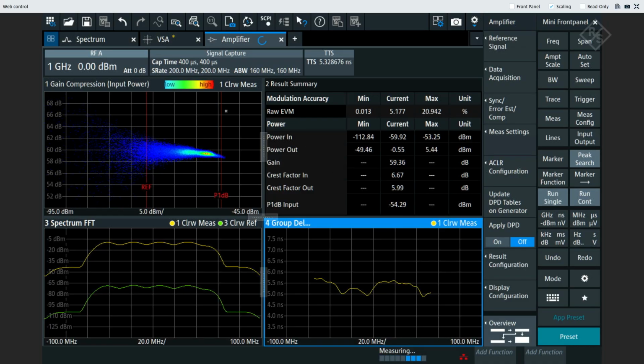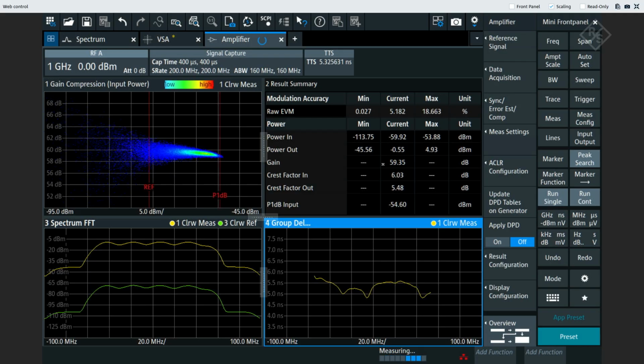So what do we see? In the gain compression plot, we can see that our device under test is slightly in compression. You can see the right-hand side of the measurement curve bends towards the lower end of the diagram. In the result summary plot, we can get an idea of the EVM, the modulation accuracy that we currently see, which is on the order of 5%.